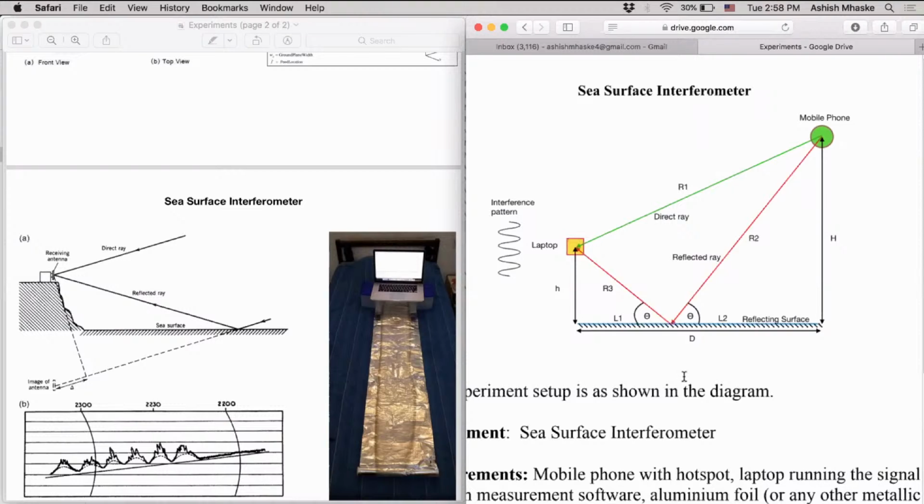Now this works because the receiving antenna is big enough and the patch that is responsible for reflection is in the near field of the receiving antenna. This would not work if the receiving antenna was small enough and had some directivity.